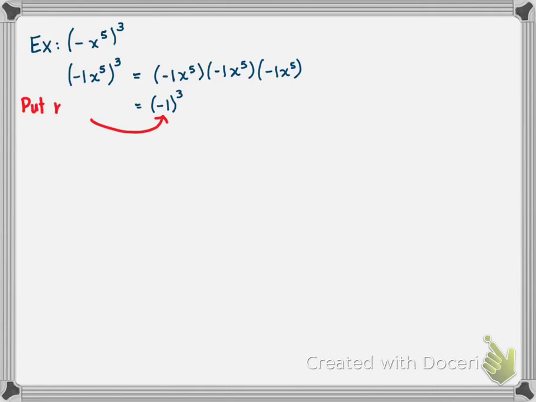Put negative numbers in parentheses. Please, please, please, for the love of all that is good and holy, put your negative numbers in parentheses. It's such a source of heartache if you forget the parentheses, because it changes the value, right? Just like we saw with that negative 3.